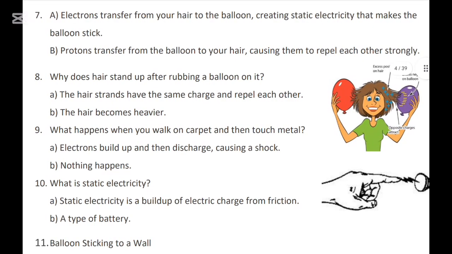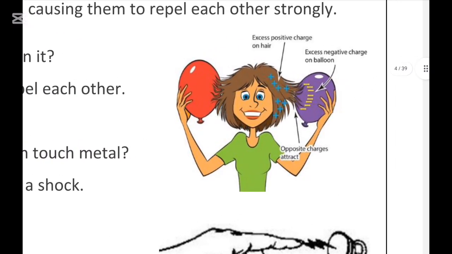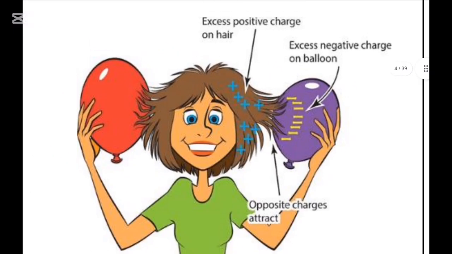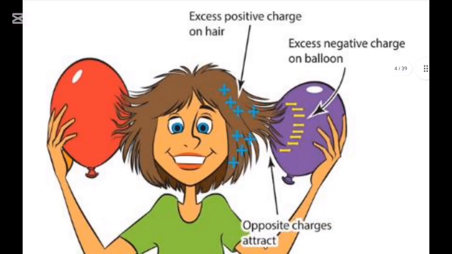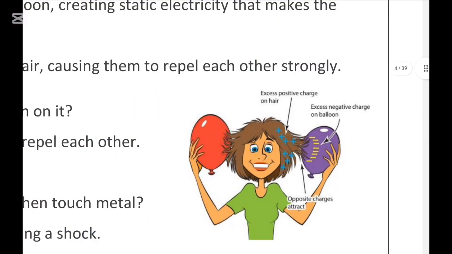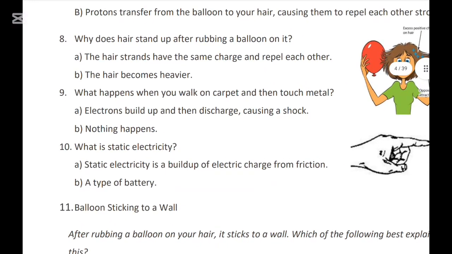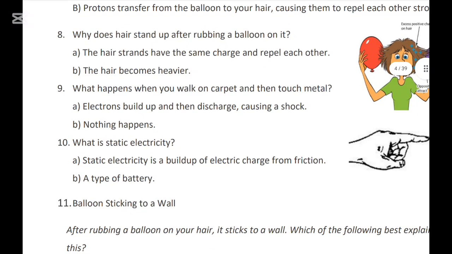No, wait. You can't say the hair has the same charge, because we can see that the hair is positively charged and the balloon is negatively charged. So opposite charges attract.